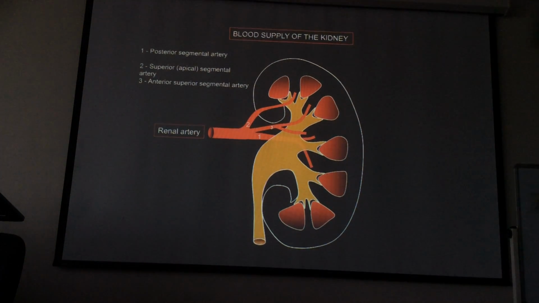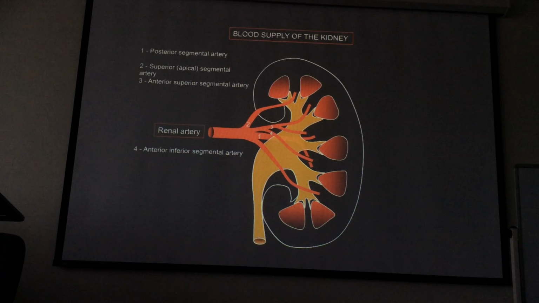Anterior segmental, anterior superior, so it is on the upper portion, not inferior. And who's this? Anterior inferior. And who's this? Inferior segmental.